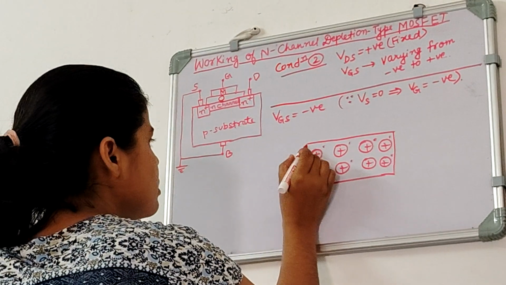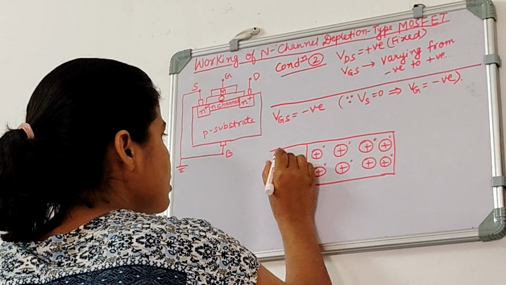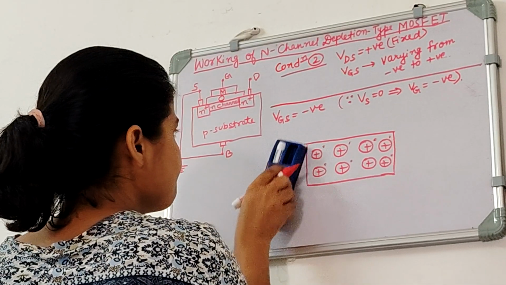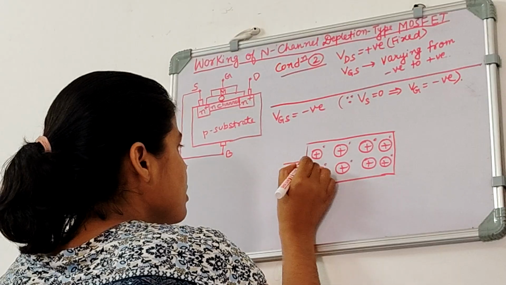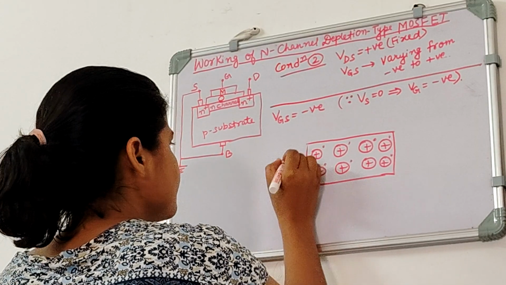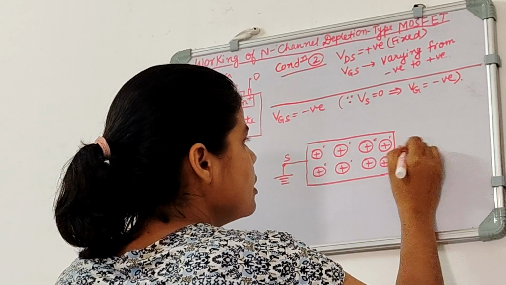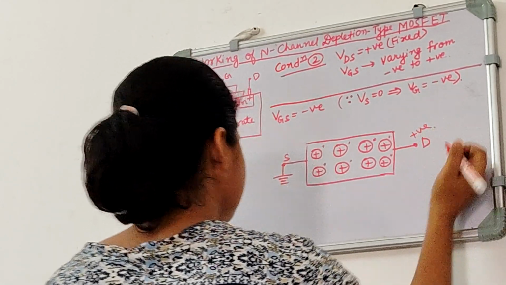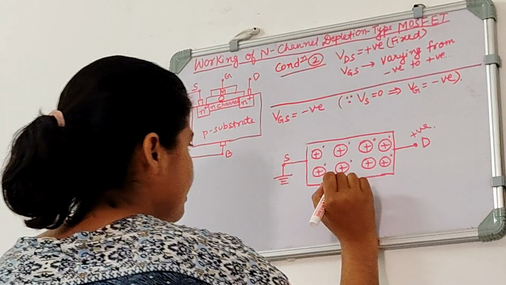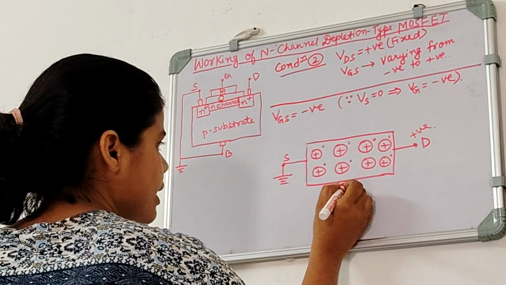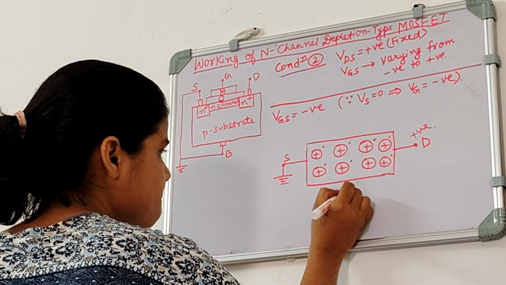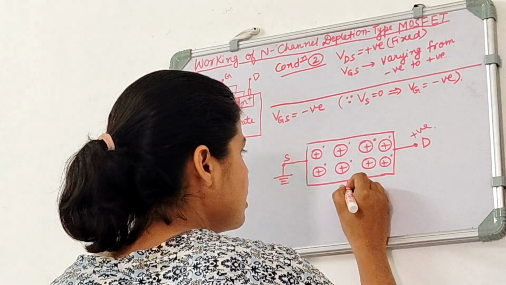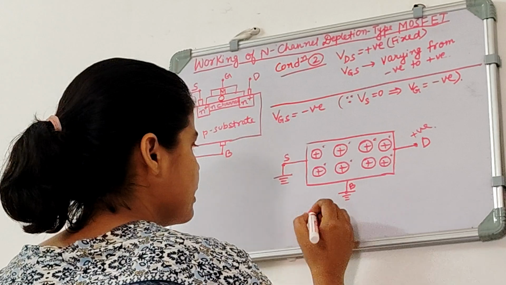Now this is the source, this is the drain, which is positive, and the body is also taken as ground, and this is the P substrate.